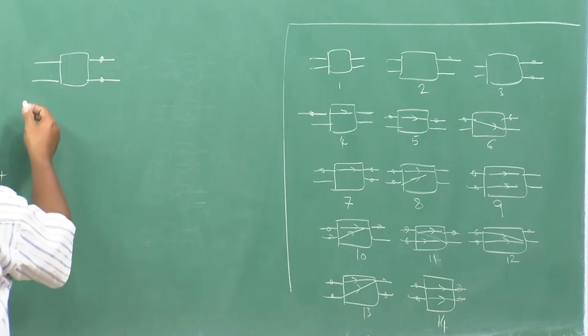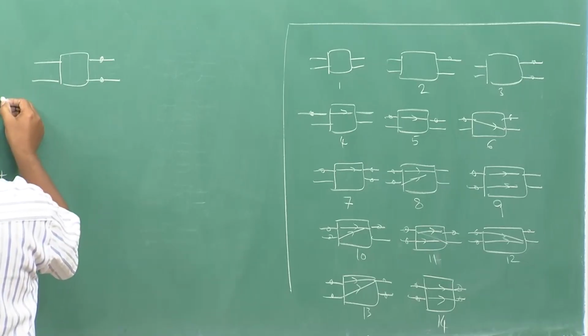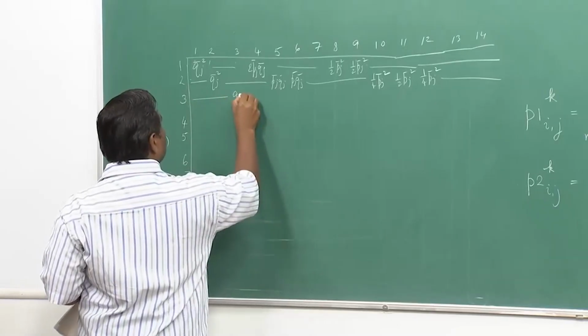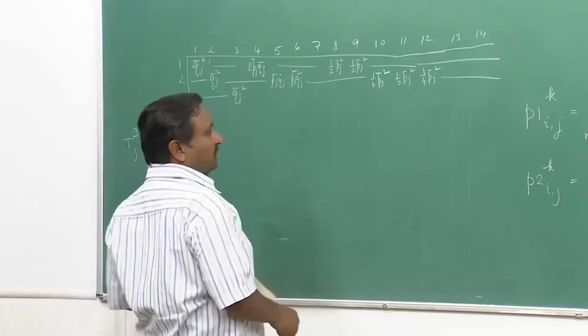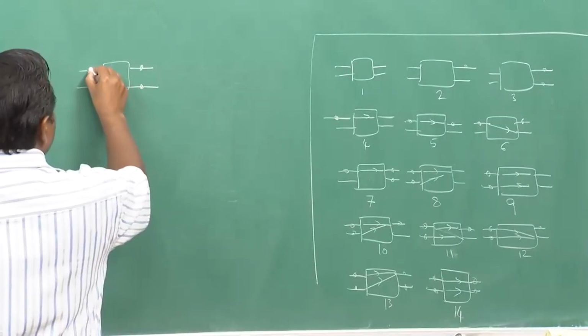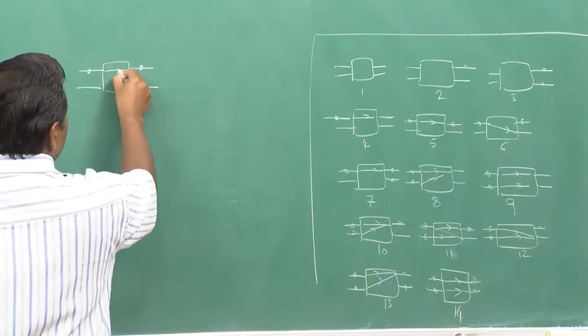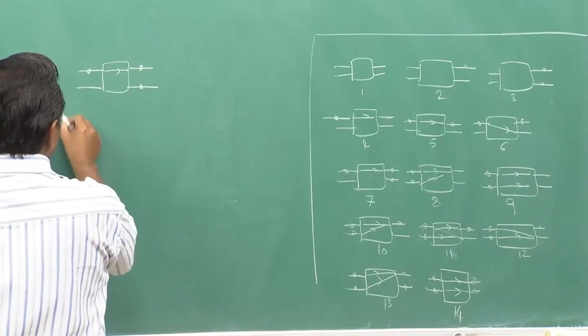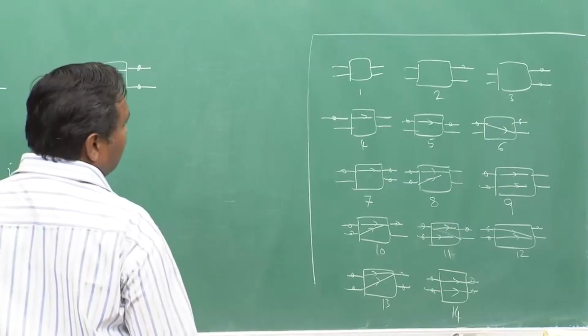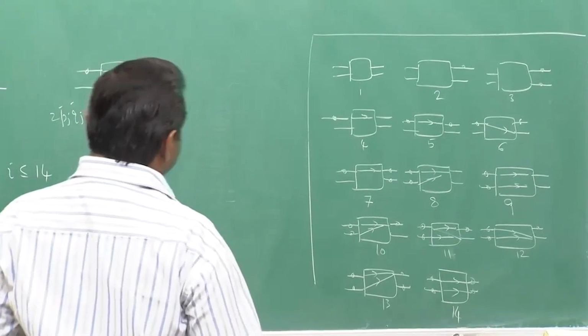I may not get any packet, so with Qj bar square I will remain in the same third state. Okay. If only one packet is coming, this will be directed to any one of the ports. So, with 2 Pj bar Qj bar you will end up in state 7.